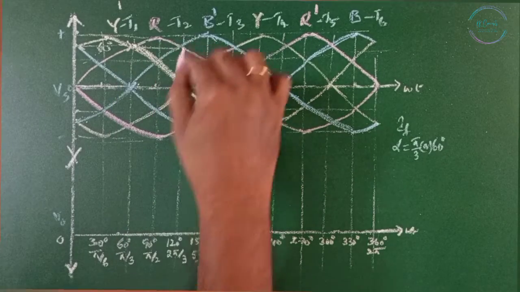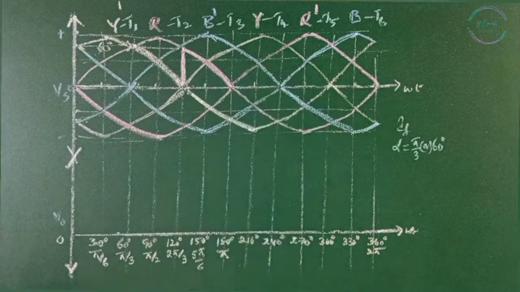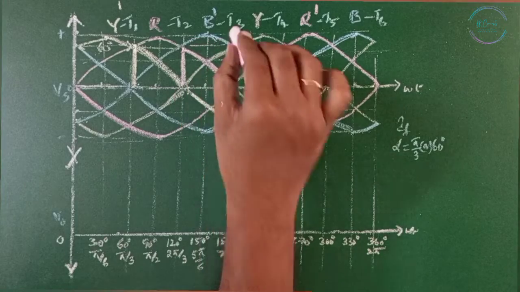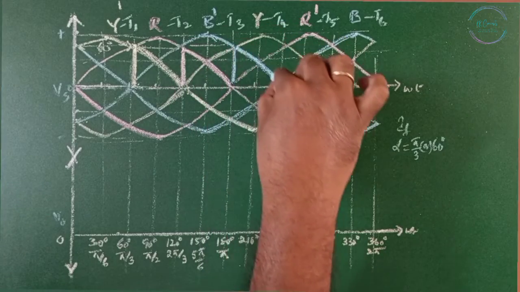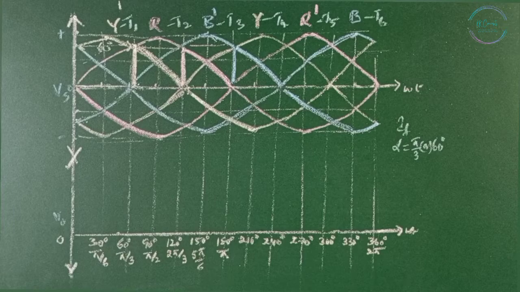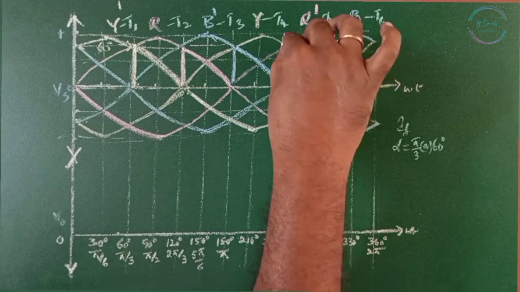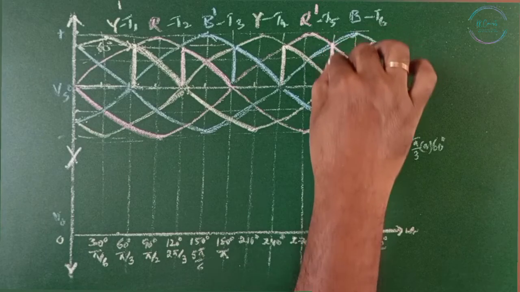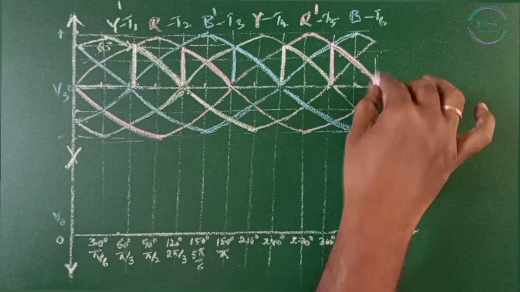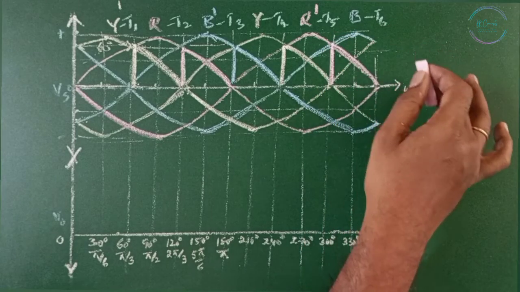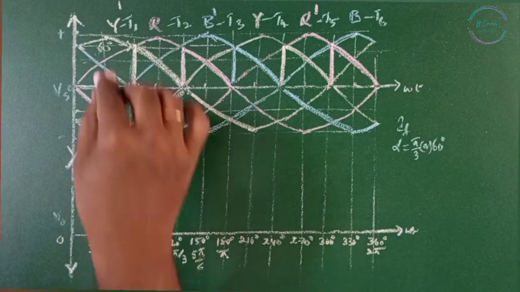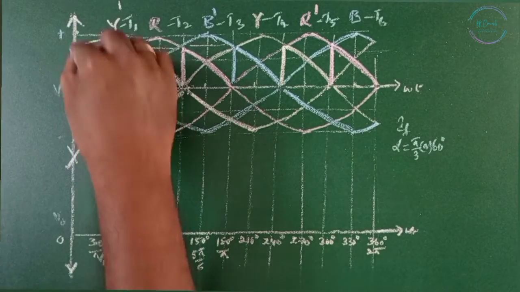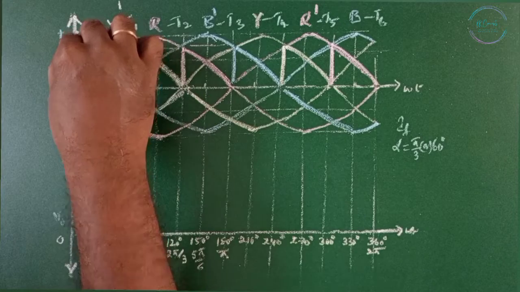Here T2 turns on. T3 is going to turn on after 60 degrees. Next, after 60 degrees, T4 turns on. Next, after 60 degrees, T5 turns on. Now T6 repeats here after 360 degrees, which is nothing but 0 degrees. So here T6 turns on.